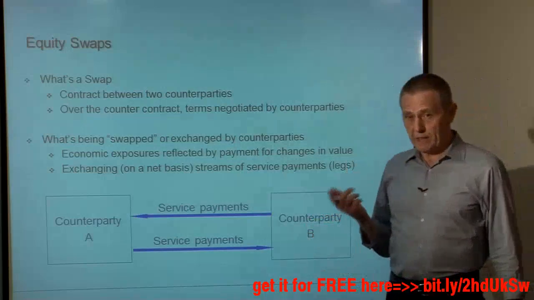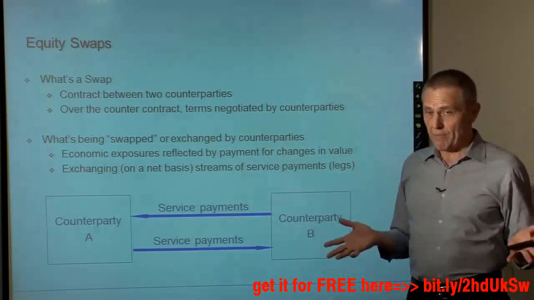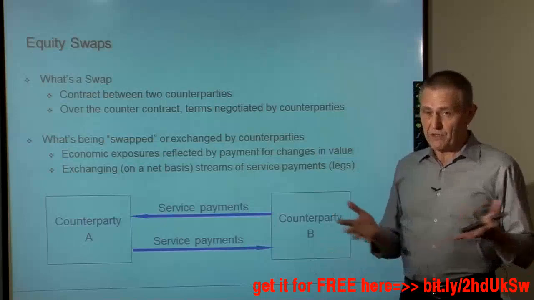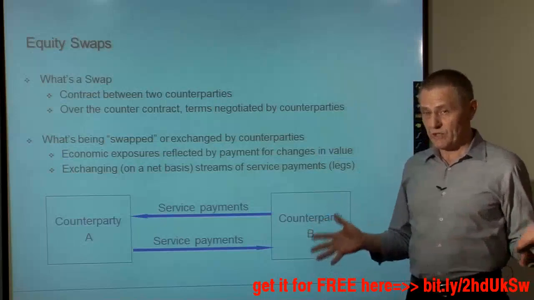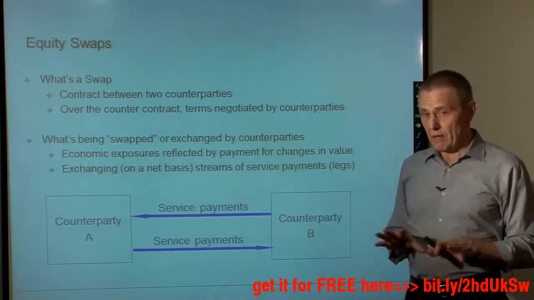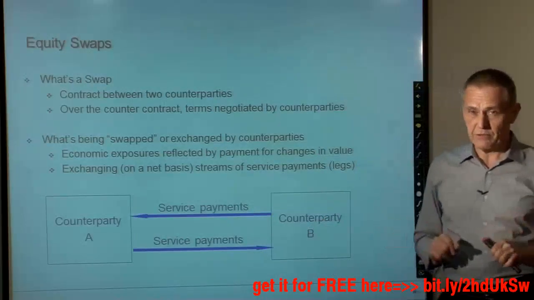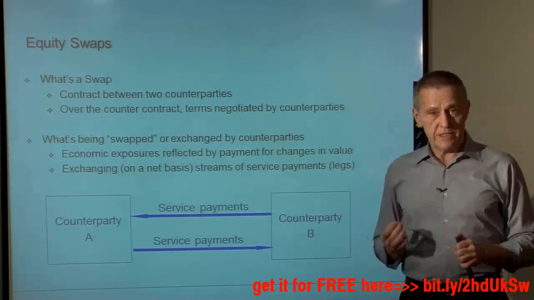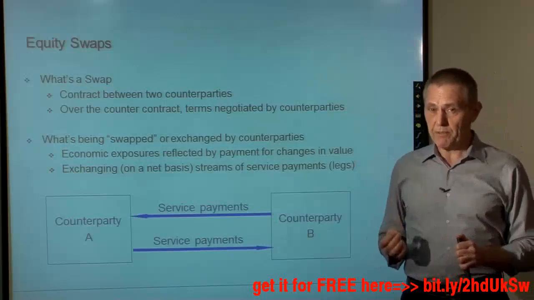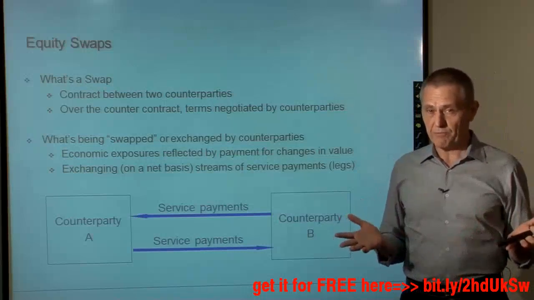And as far as what's being swapped in any sort of swap, well, as I indicated before, the parties are swapping or exchanging risks or exposures. Now, I'll embellish on that in more detail later, but not to hold off on it too long. In simple terms, exposure simply means that one has a position in the market.